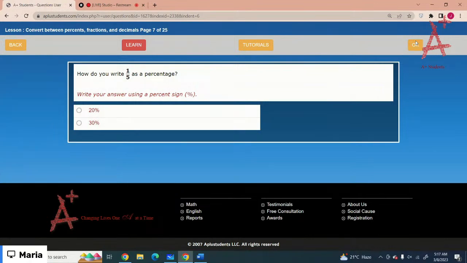Okay, how do you write 1 by 5 as a percentage? Just multiply 1 by 5 by 100.